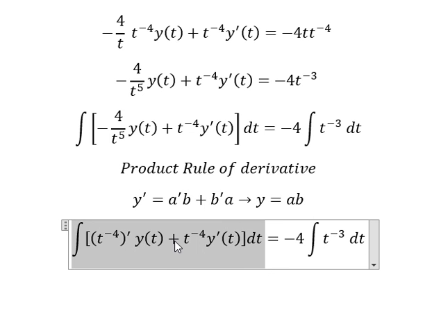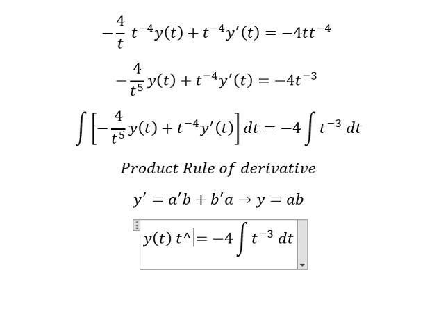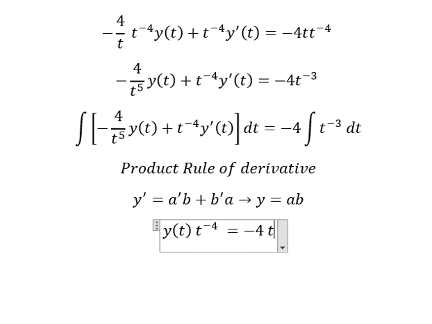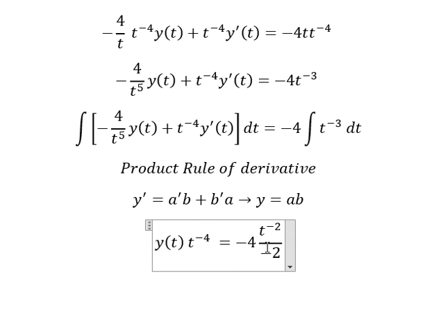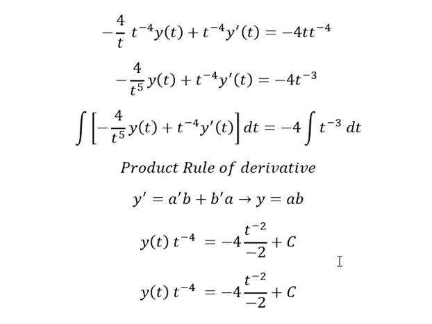So the integration of that one, we have y(t) and we have t to the power of negative 4. The integration of this one, we have t to the power of negative 2 over negative 2. And I will put c here.